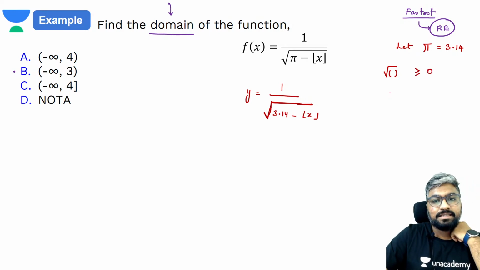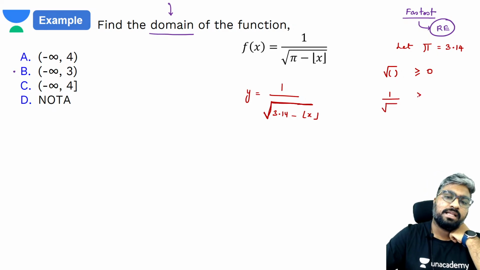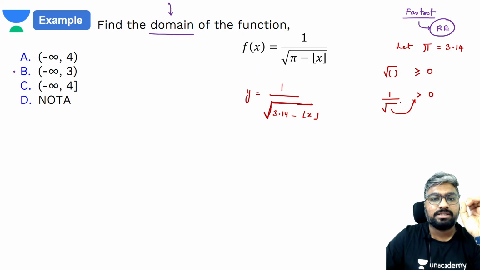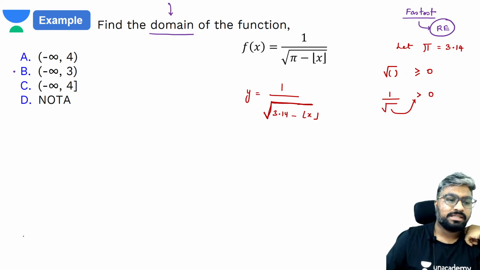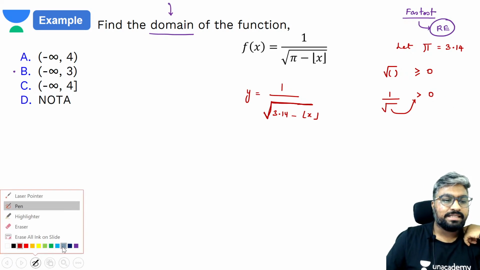Also, since this is in a fraction, the bottom value has to be greater than 0. It can't be 0, because 1 by 0 is not defined, and it can't be negative, so it has to be positive. Now go reverse engineering on this.